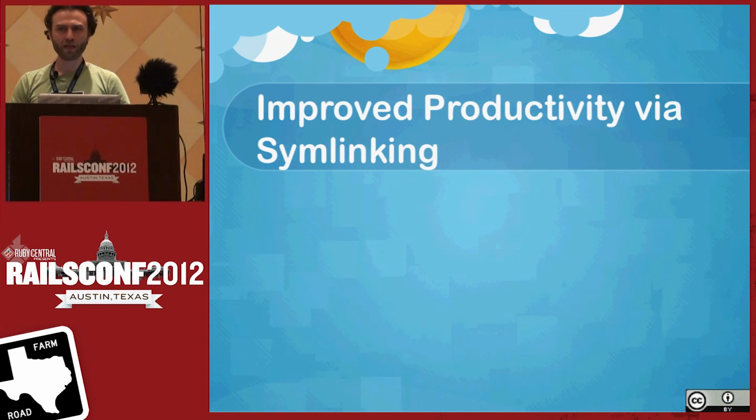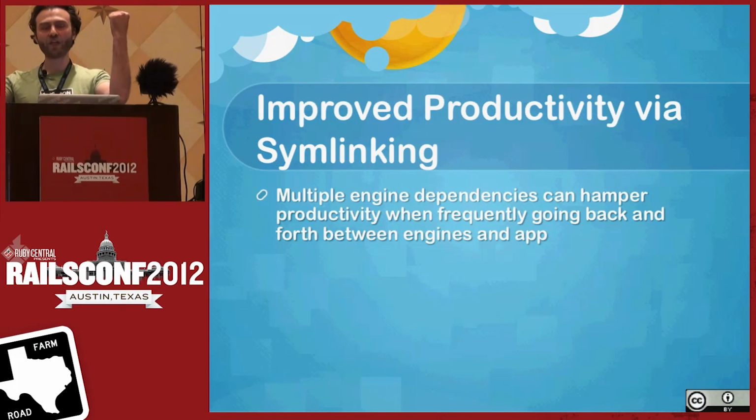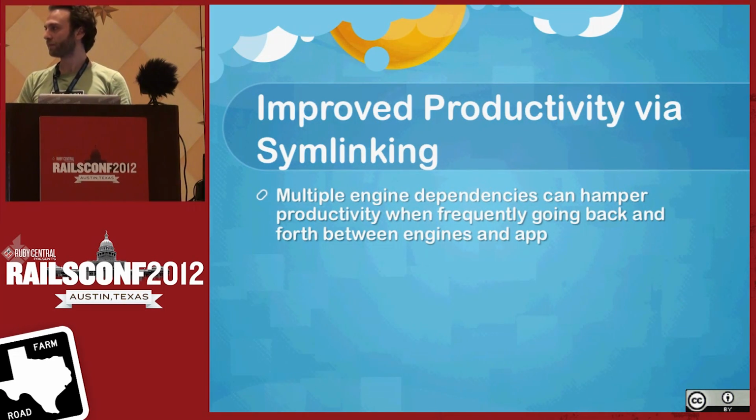So one thing we came up with that seemed to work was basically symlinking. Just symlink the directory that contains the engine reference code in the app to the engine directory itself. Meaning have a symlink from the app to the engine files directly, as opposed to having the app just pull the gem files from the Git repo.